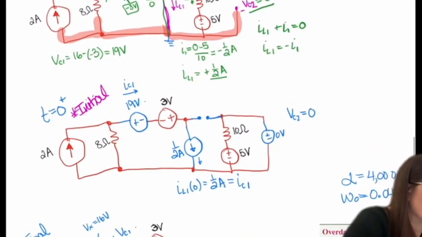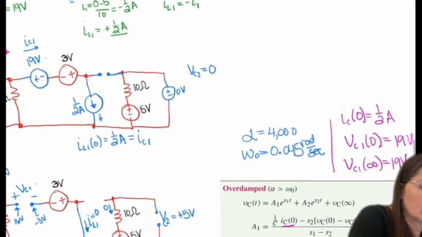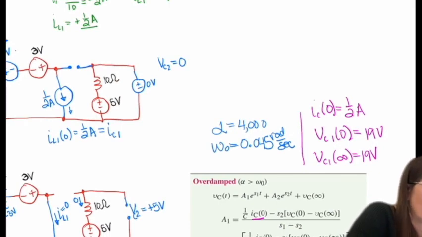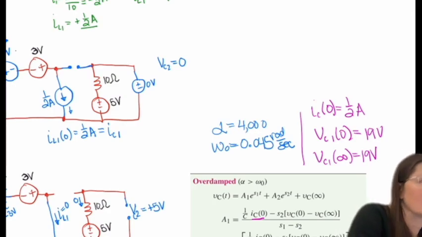All right, so then for the other initial value, I need IC1. And with this open, you can see the IC1 will be equal to 1/2. It will be equal to IL. And then VC2 will be 0. And IC0 will be a half, and then VC1 will be that 19 volts.